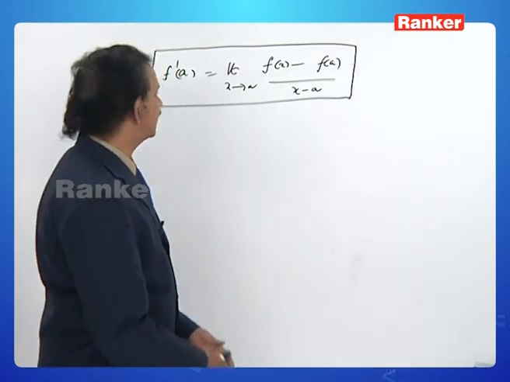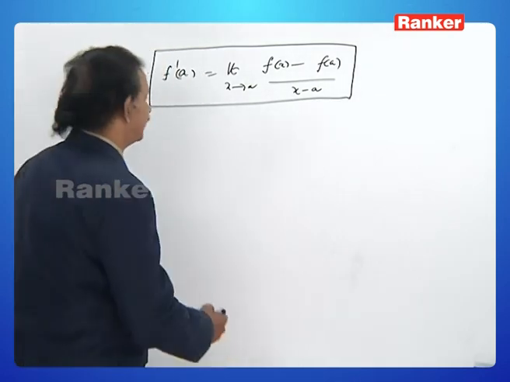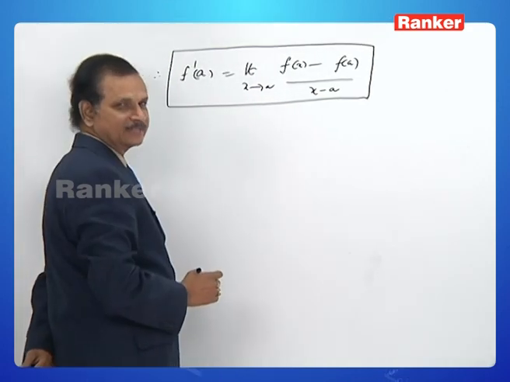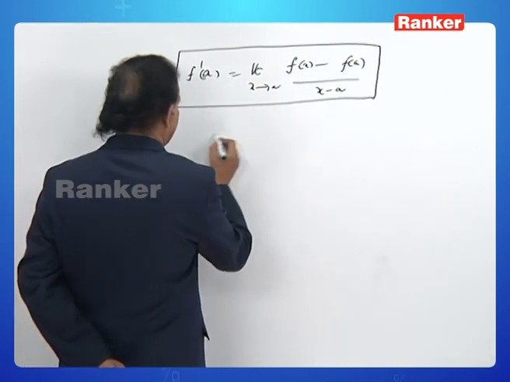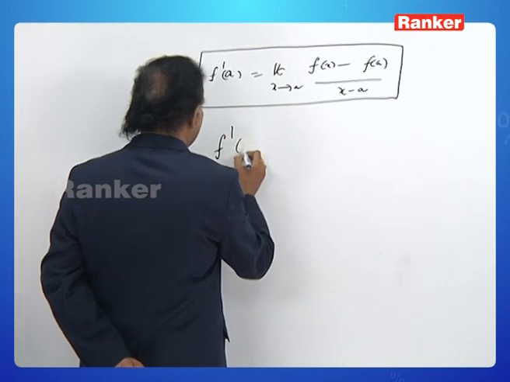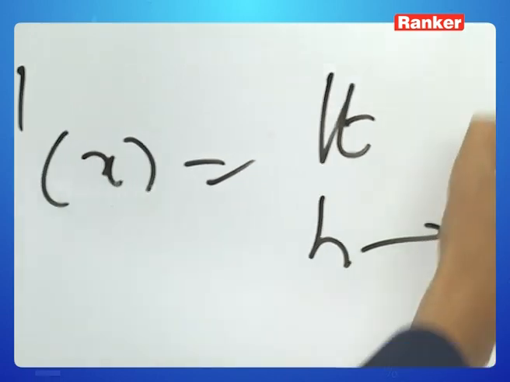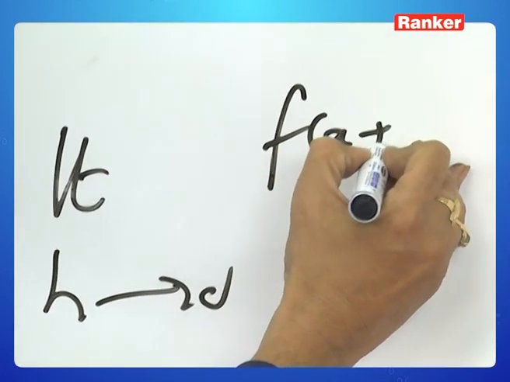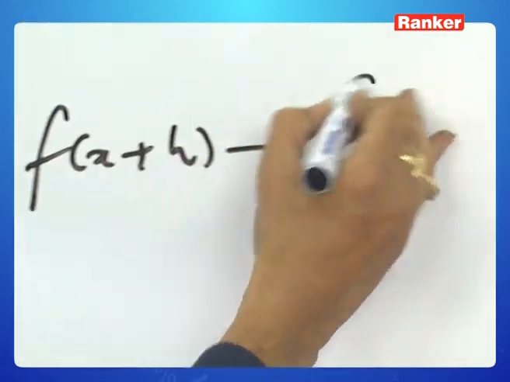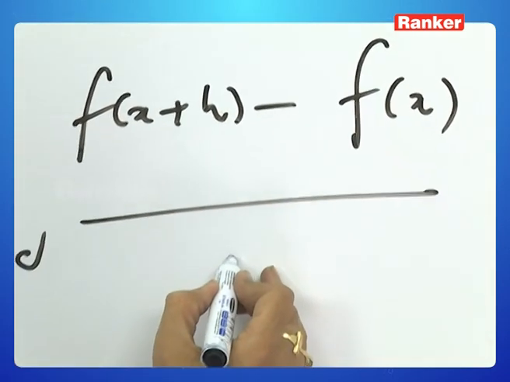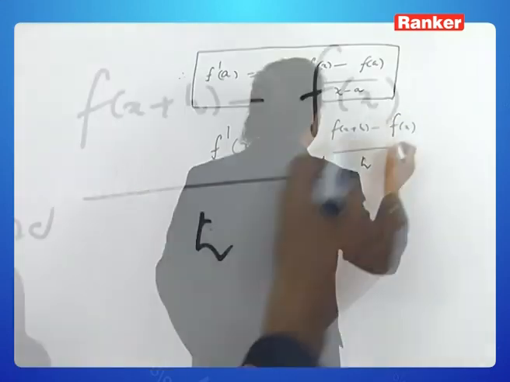And in this particular definition, if you take A as x and x as x plus h, then f dash x is equal to the limit as h tends to 0, f of x plus h minus f of x by x plus h minus x, which is h.